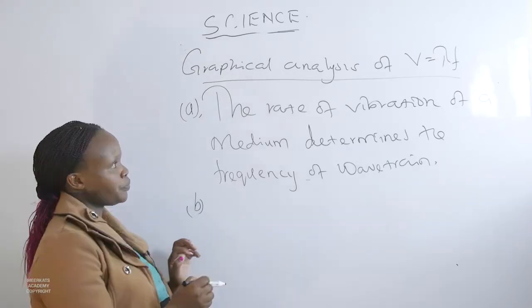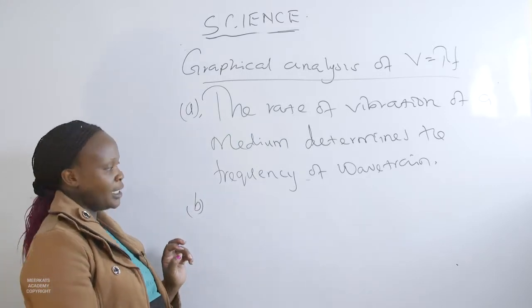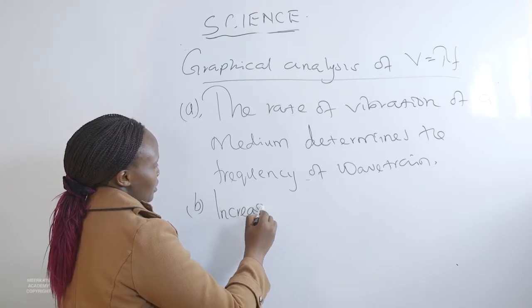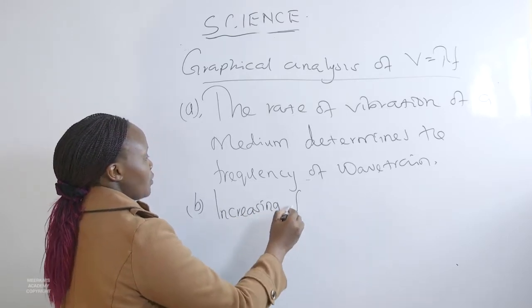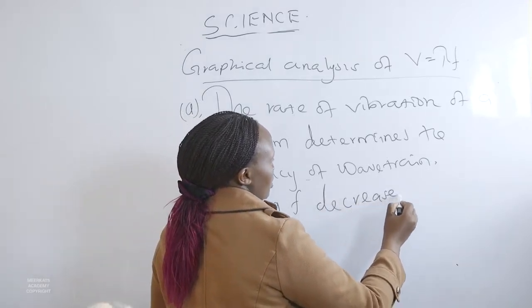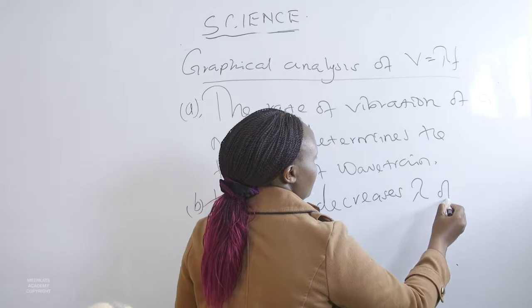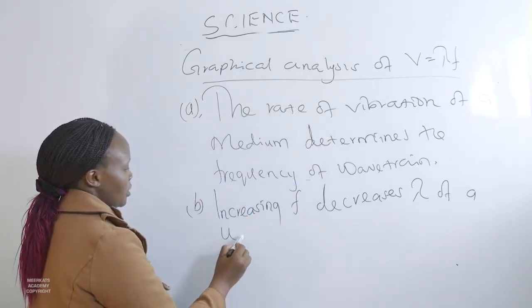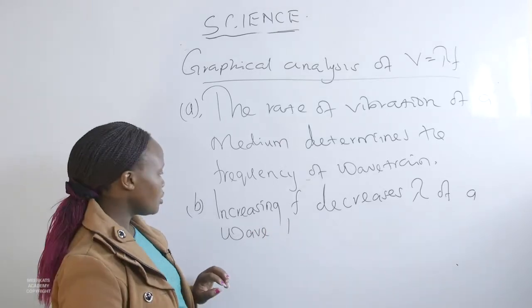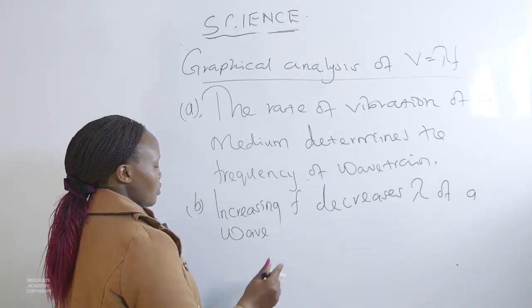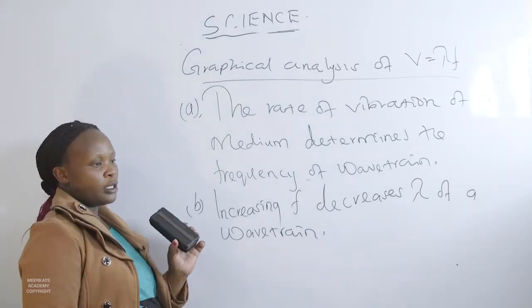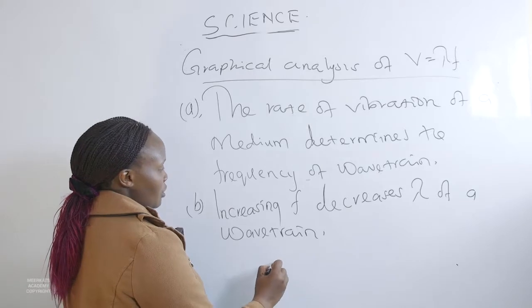Number two is that increasing frequency decreases the wavelength of a wave train. Now look at the relationship that we have.